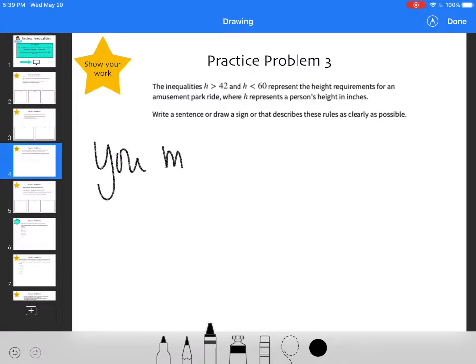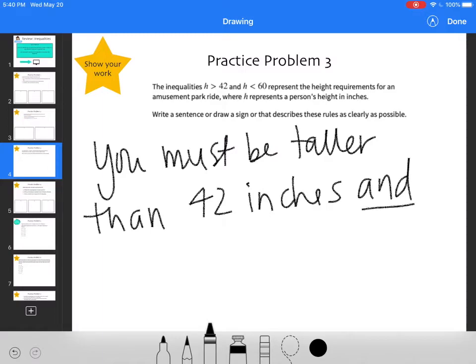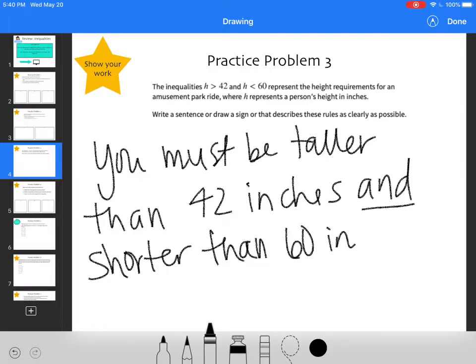You must be taller than 42 inches and shorter than 60 inches to ride. Okay, so I wrote my sentence.